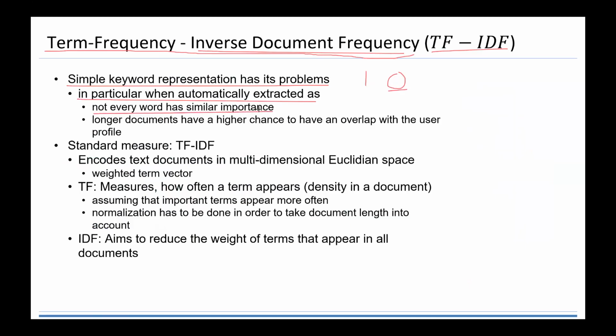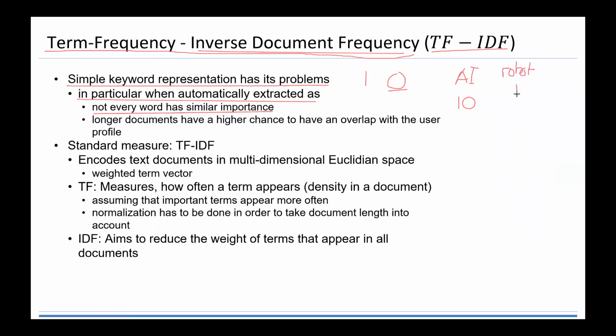For example, if we have a high frequency of some words, such as artificial intelligence, the word AI, there are so many occurrences of AI. Let's say there are 10 occurrences of this one, but there are very few occurrences about robot.